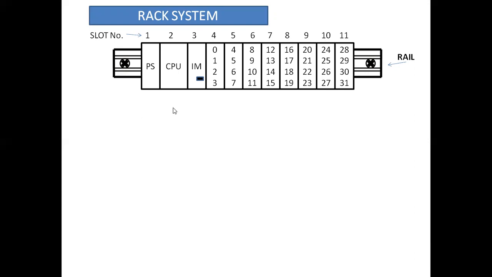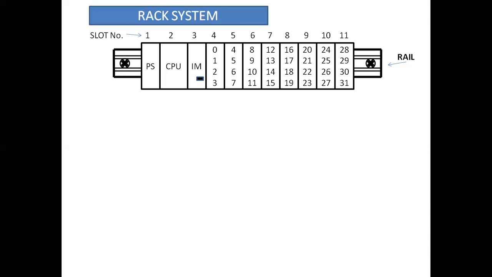In one digital input or digital output module, we can have a maximum of 32 digital inputs or 32 digital outputs. 32 digital inputs means 32 bits. 32 bits means how many bytes? 4 bytes.